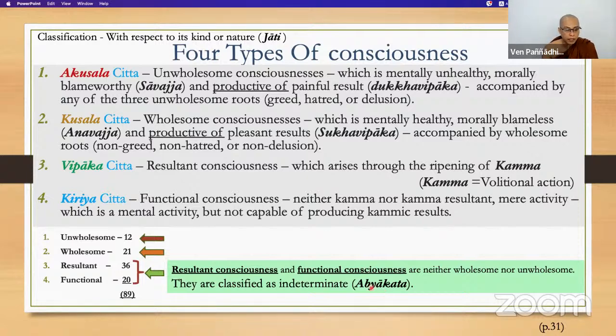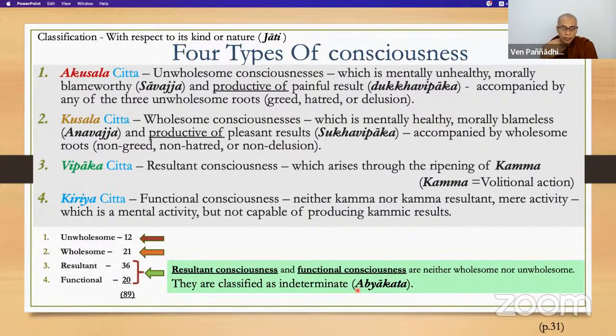So this abyakata refers to the two groups of resultant and functional, collectively called undeterminate. If we use abyakata, it refers to the two groups together, vipaka and kriya. If we want to emphasize by name, we use vipaka citta or sometimes kriya citta, but sometimes we use abyakata collectively for resultant and functional.